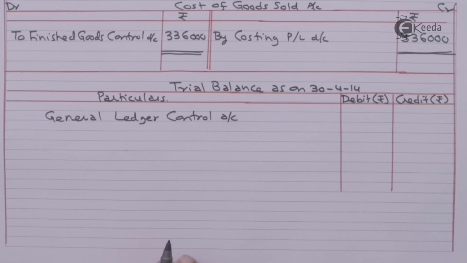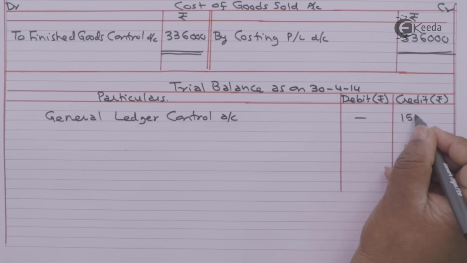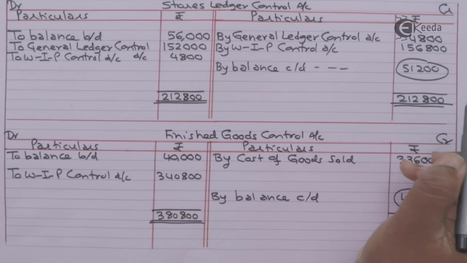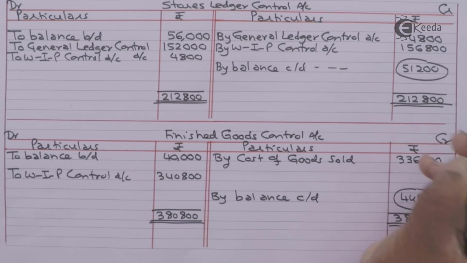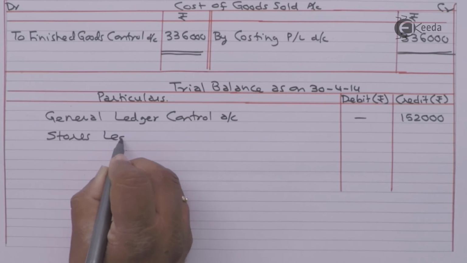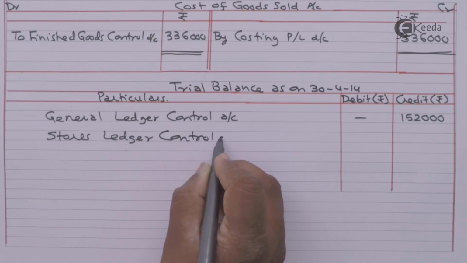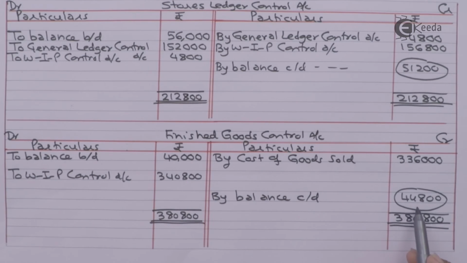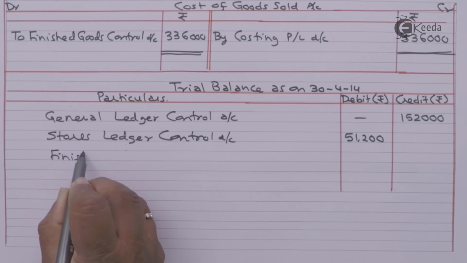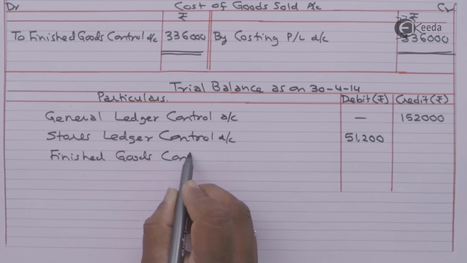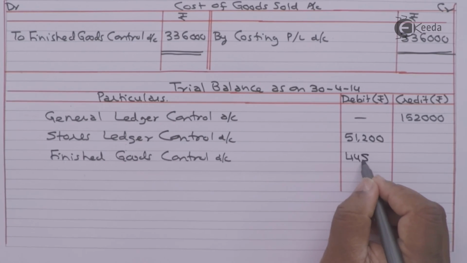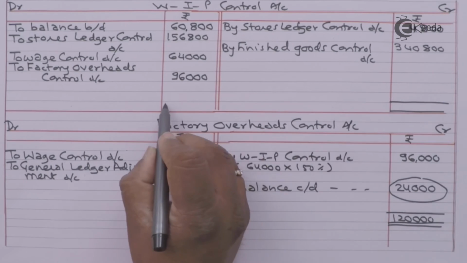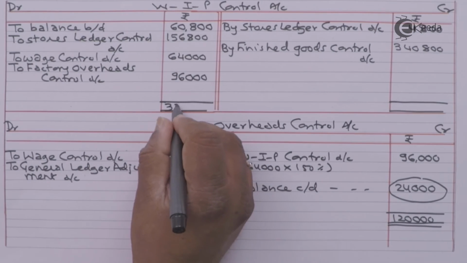General ledger control account 1,52,000 credit. Stores ledger closing balance 51,200. Finished goods control closing balance 44,800. Work in progress control account. We have to find closing.